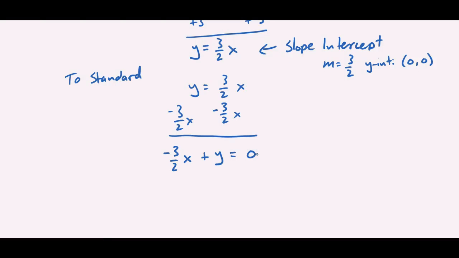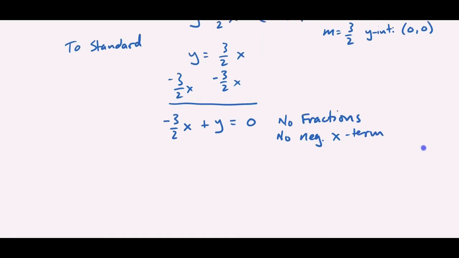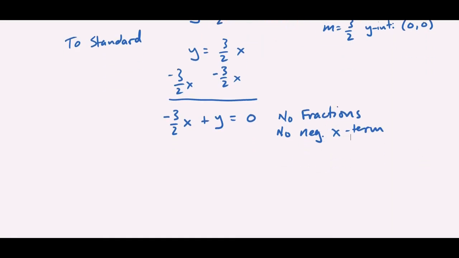Now in standard form, remember what we said earlier, we wanted the form ax plus by is equal to c. We would prefer to have no fractions and no negative x term. In this case, we can take care of both of those in one shot. I don't want the 2 in the denominator. I also don't want the negative.